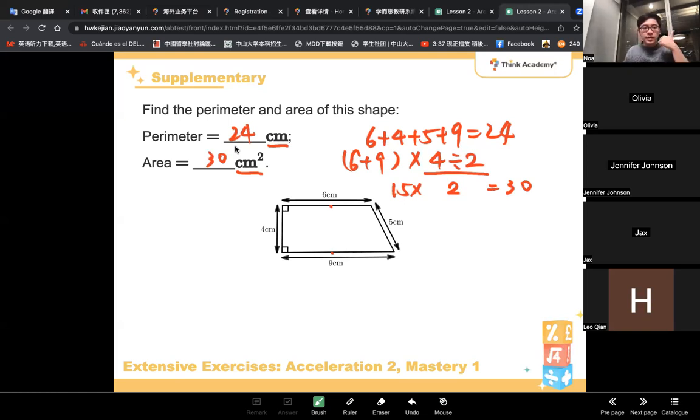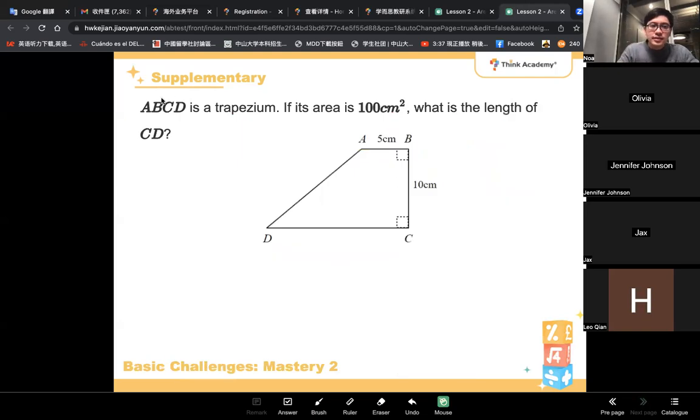Yes or no? Give me the answer on the chat box. So for perimeter or for anything with the unit centimeter is the length. And for any with the unit square centimeter is the area. Okay, good job, guys. Next.